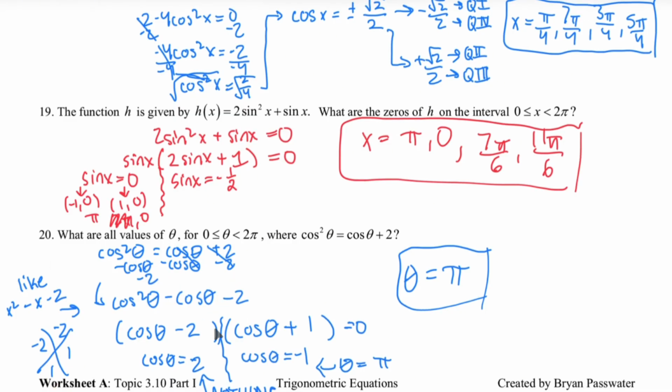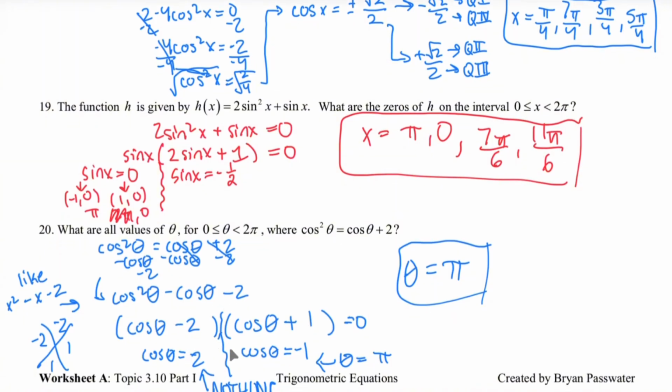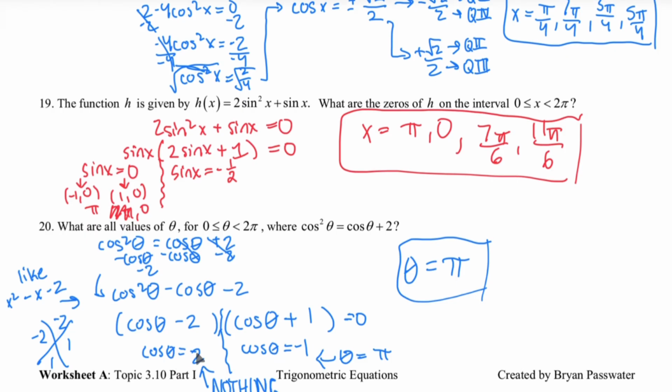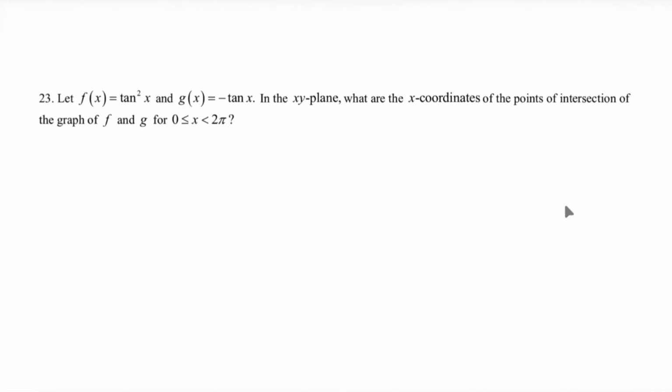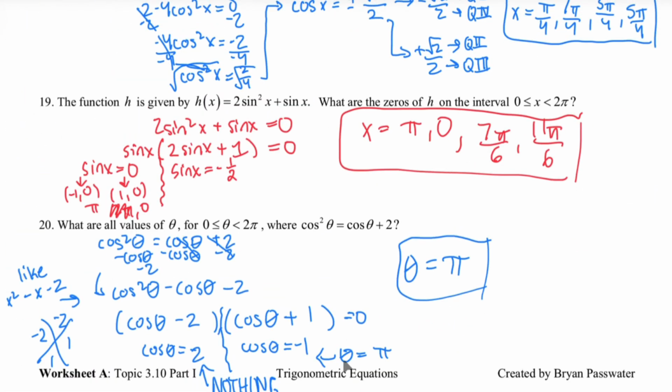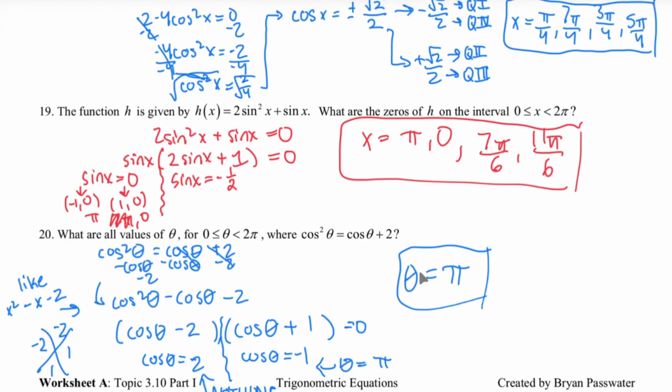Right there would be 1, right? Would add to -1. That would be -2 plus 1. That gave me -1, and -2 times 1 gives me -2. And then I split those two off. They were separate now. Cosine of theta is equal to 2, and cosine of theta is equal to -1. Cosine of theta equal to 2 is nowhere on the unit circle, so that was nothing. But -1 gave me pi, so it was just pi.